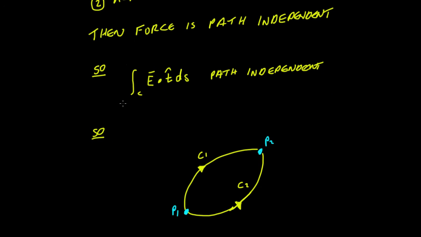So we could rewrite our equation, and we'll replace our general field F with the electrostatic field E. We can say that the integral along a path of the tangential component of the electric field is going to be path independent.